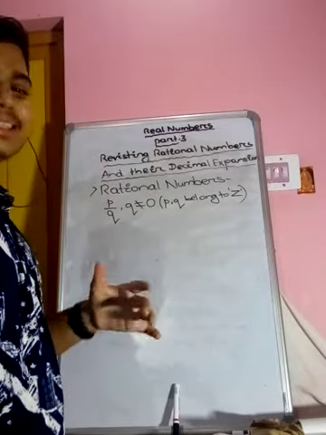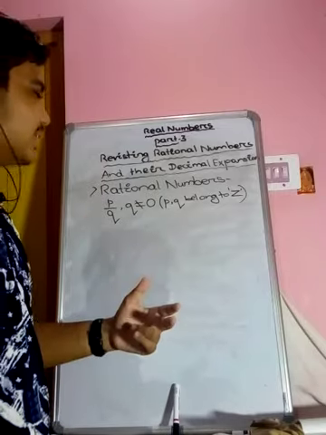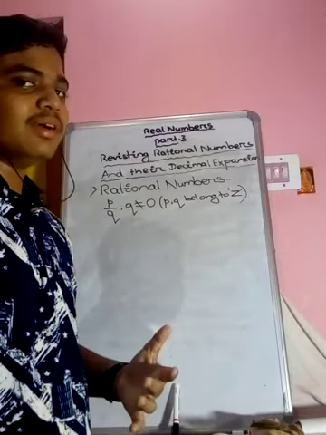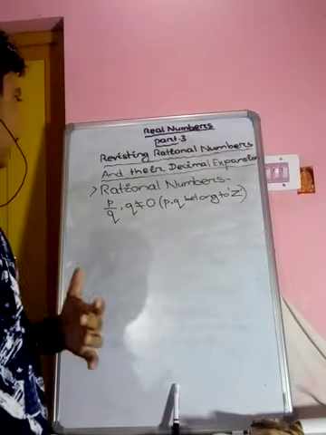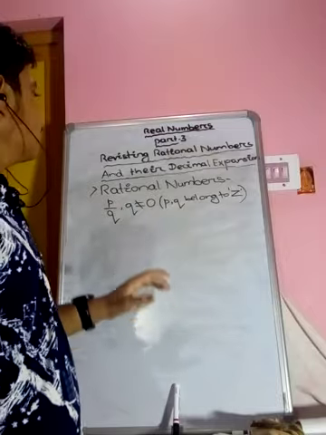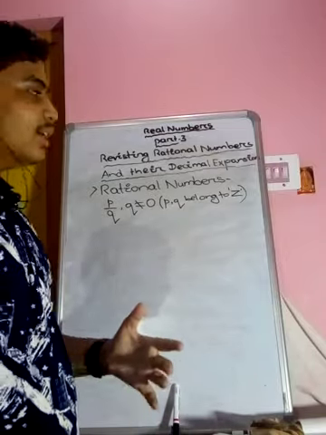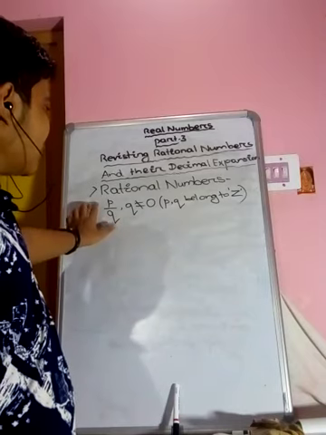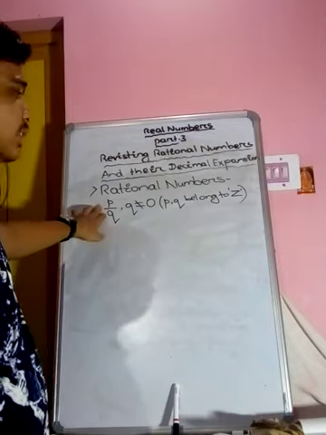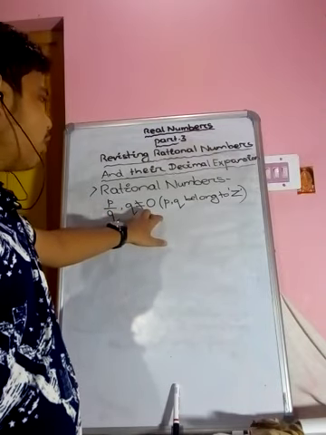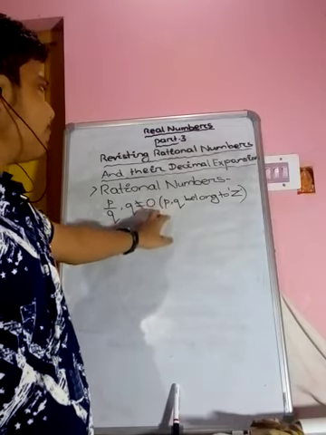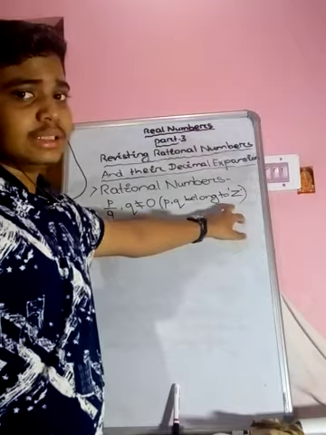I had already told you the definition of rational numbers in the previous part, but again I am telling you. What are rational numbers? Very simple. Those numbers which can be represented in the form p by q, the fractional form, where q is not equal to 0, and p and q belong to Z. What does Z mean?